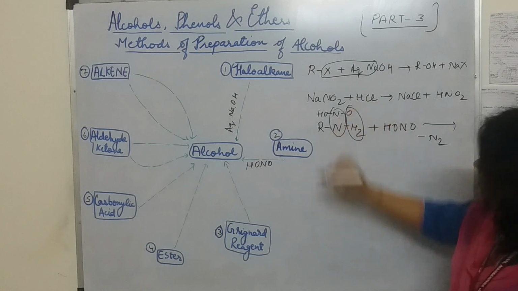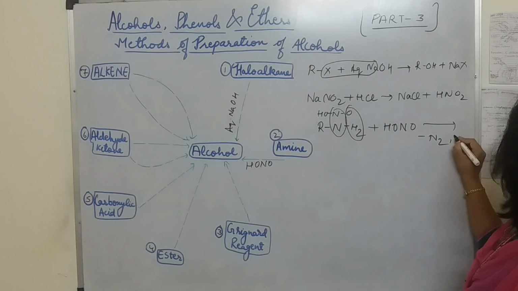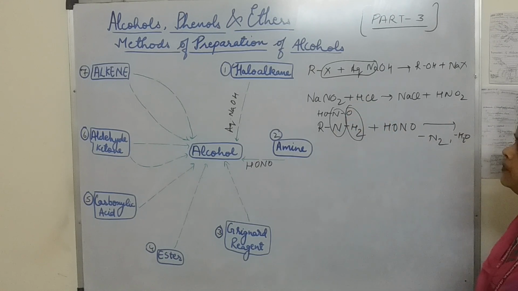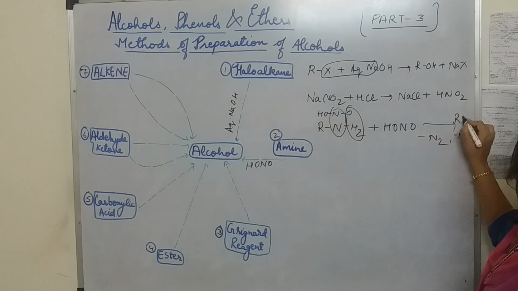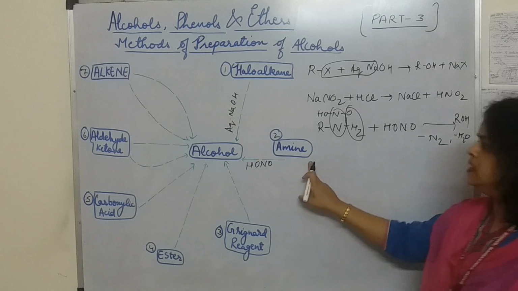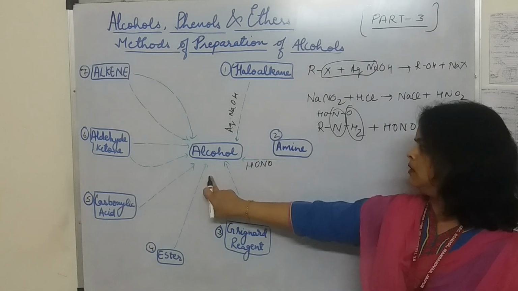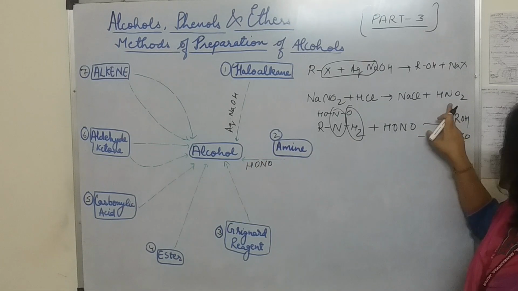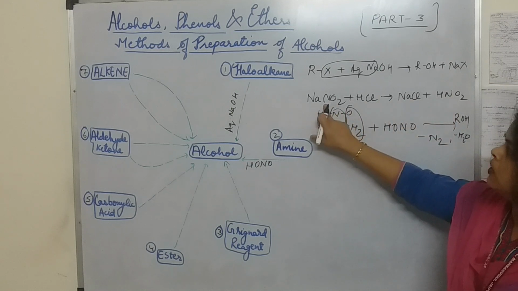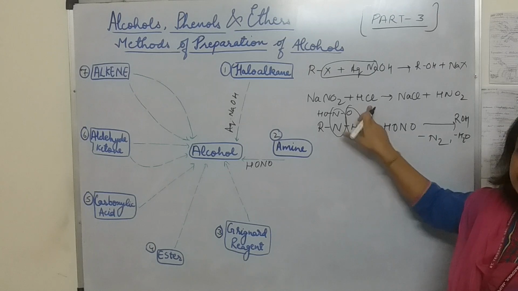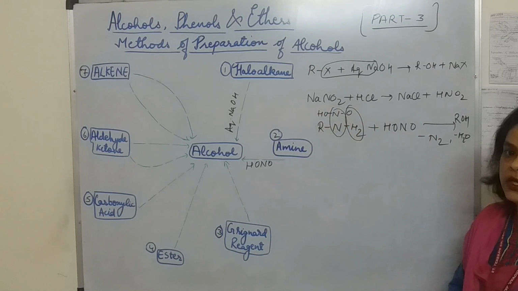The H will combine with oxygen and we will get H2O as a side product, and what is left behind? ROH. So the main product is alcohol. So amines can be converted into alcohol by means of nitrous acid. And how is nitrous acid generated in the lab? By means of NaNO2 and HCl, sodium nitrite and hydrochloric acid.